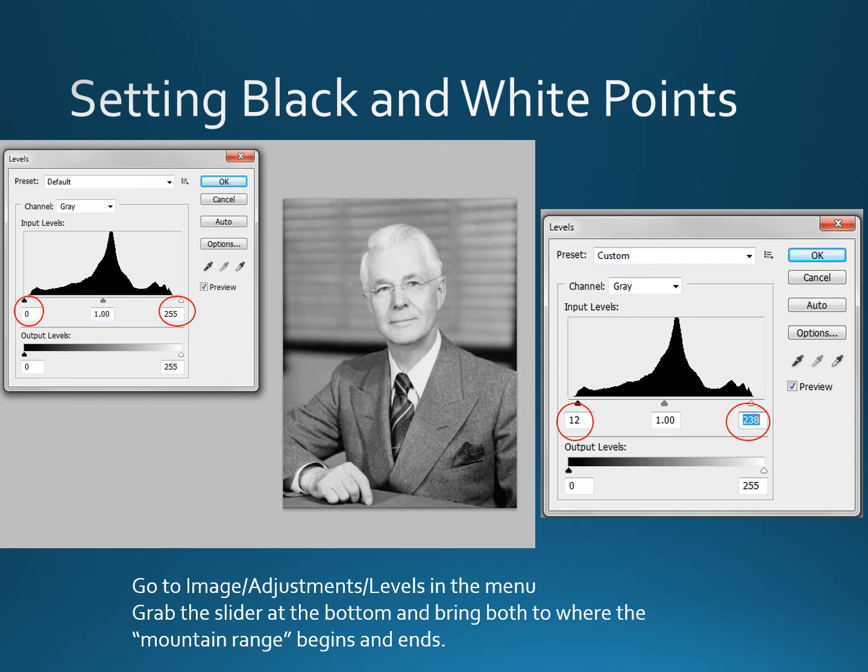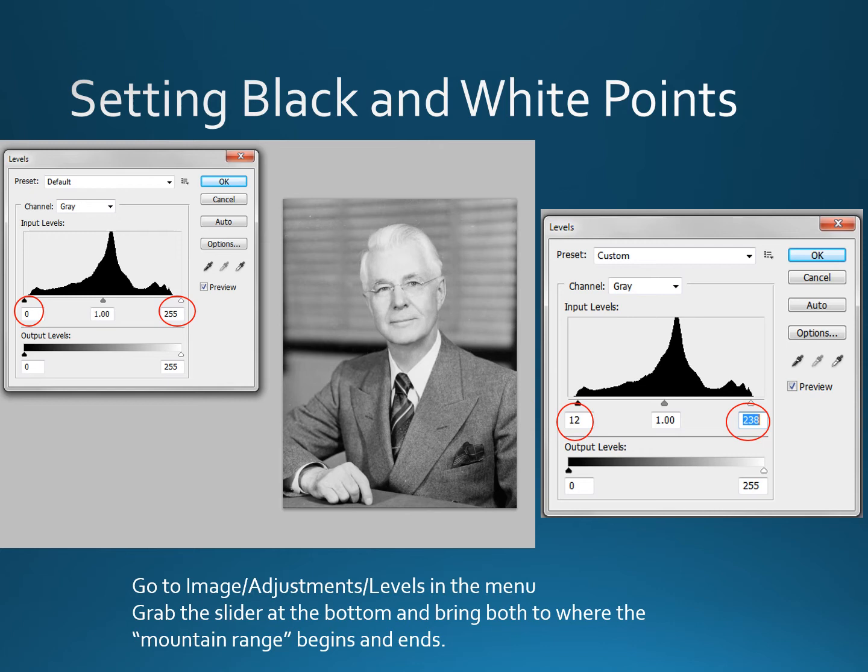And if we go to the other end, these are going to be your lighter tones. And right now, notice that for this image, this histogram shows us that the points are set at 0 and 255. But notice between 0 and probably 10 or 15 here, there really isn't anything there. The same thing happens on the other end. Not sure where this one starts, probably about 240, but between 240 and 255, there are no tones there.